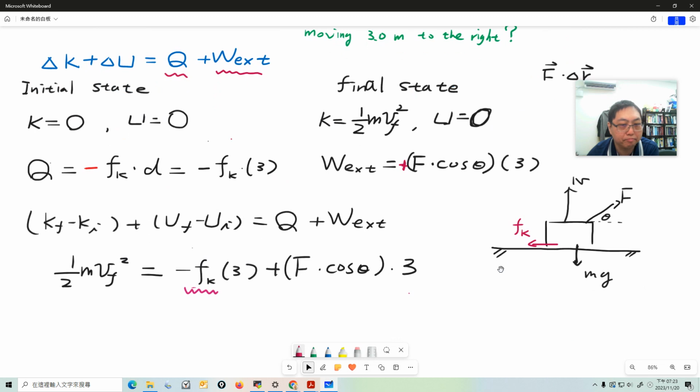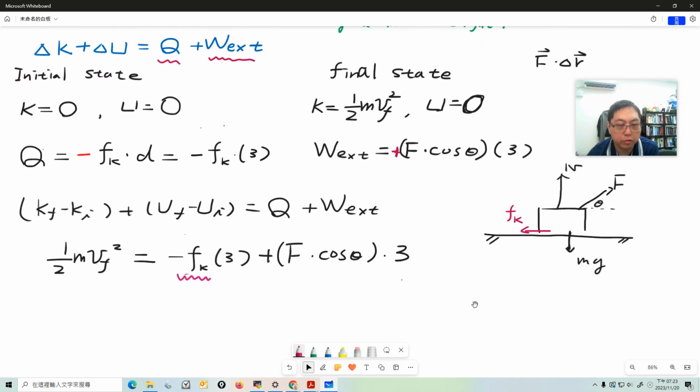So the friction force, we know from the previous section on Newton's second law, is proportional to your normal force, with a kinetic friction coefficient. And this problem gives you mu k. So the question is how to get the normal force.